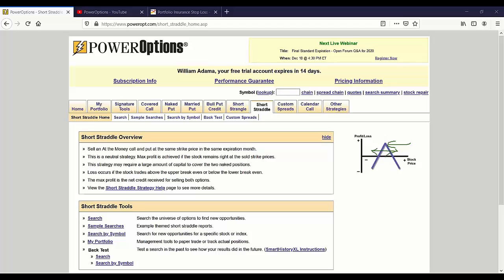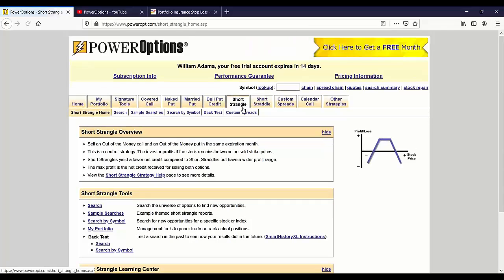A short strangle is the similar approach, but in the short strangle position, you're going to start by selling an out of the money naked put and an out of the money naked call. So now usually the index or the underlying is priced right in the middle of those two short options, so it can move up a little bit, move down a little bit, or stay the same before you start losing money.